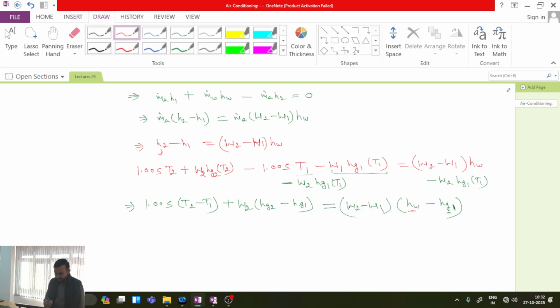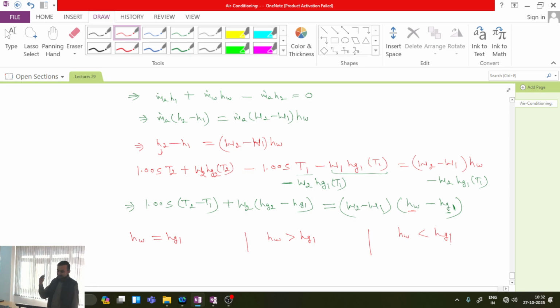Now there can be three conditions. HW equal to Hg1. Second situation, HW greater than Hg1. Third situation, HW less than Hg.